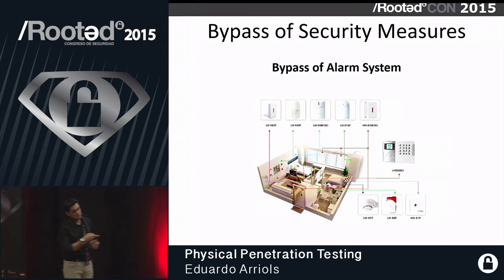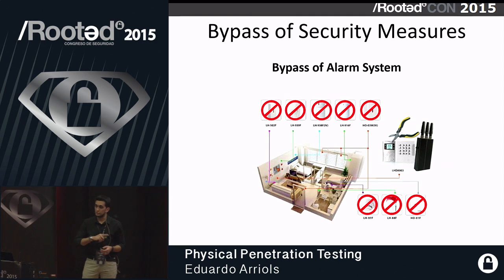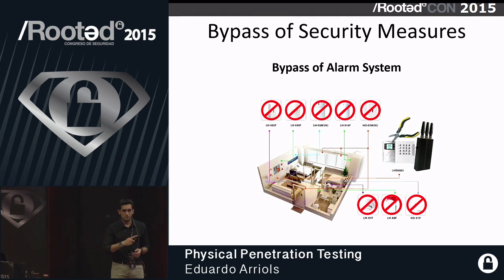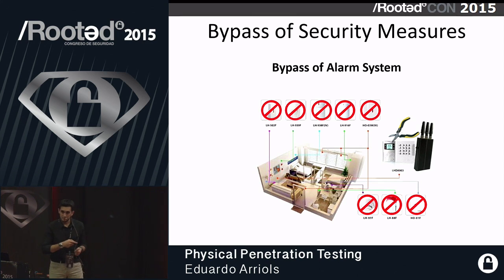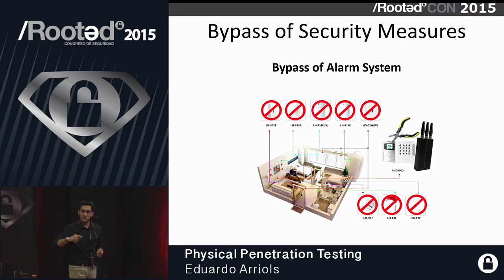Is this device alive? Yes, it's alive. So I get there, I cut the cable and the wire, and I put an inhibitor. If the company does not ask the alarm, are you alive? When the alarm goes off, it sends a warning to the company.